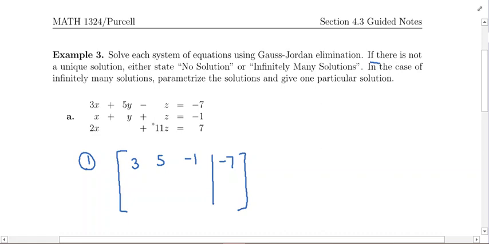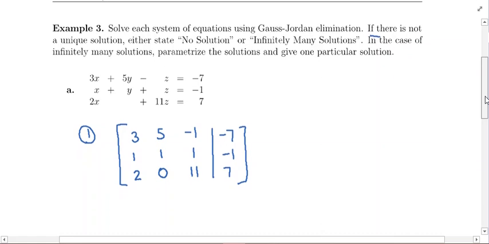Second equation, 1 in front of x, 1 in front of y, 1 in front of z, -1 on the other side of the equal sign. And then last equation, there is a 2 in front of x. We are missing y, so use a 0 there. You have to. And then 11 in front of z, 7 on the other side of the equal sign. So that's your first matrix.